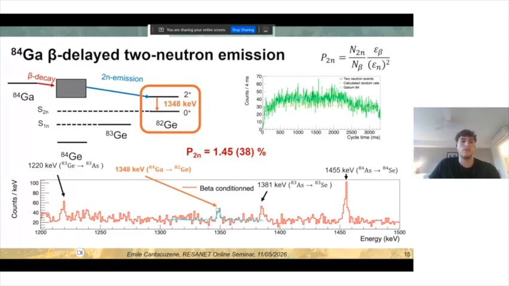By measuring the counts in this peak, we were able to say that basically the feeding towards the ground state of the final nucleus is less than 31%. And as I told you before, statistical models predict that you have a preferred feeding towards the ground state. And here we showed that there's less than 31% feeding there. So this is a highly non-statistical effect, and this is our result.